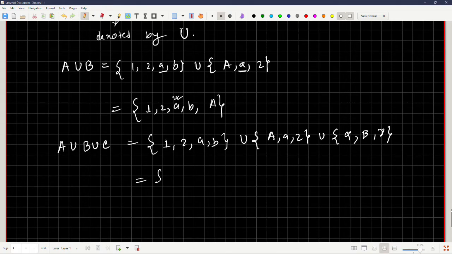And just collect all the elements. If an element is there in more than one set, just write it once. For example, this 2 and a are over here and here, but we're writing them only once because a set like this really doesn't make any sense. This is already there, so what's the point of writing it again, right? So that's why we don't write it.